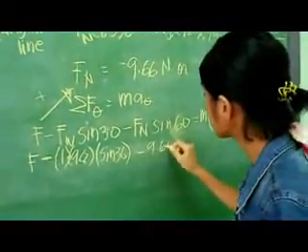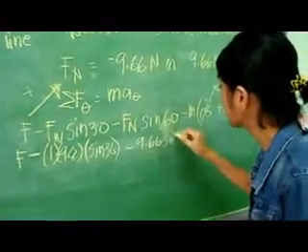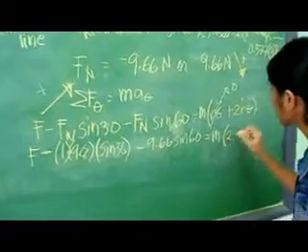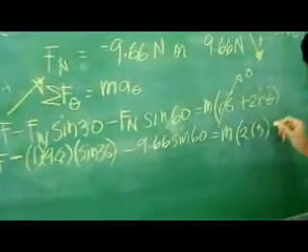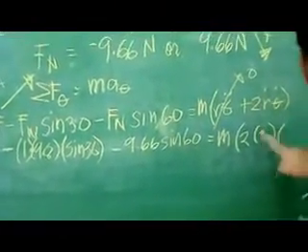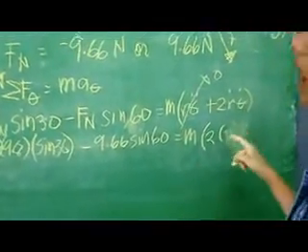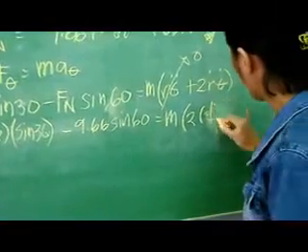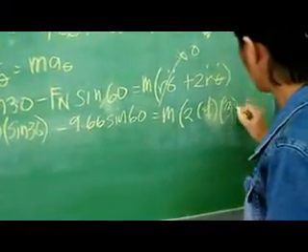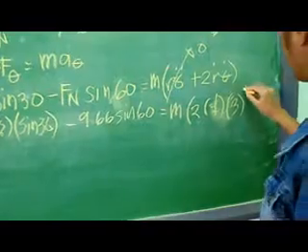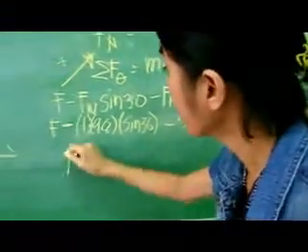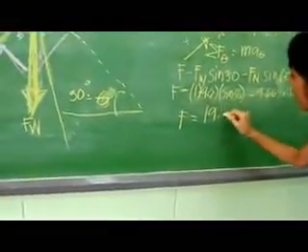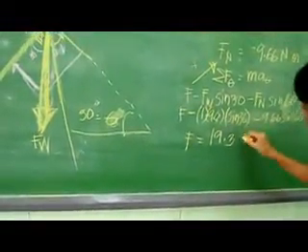So 9.66 sine 60 is equal to m times 2 times our r dot, which is 1 meter per second, times our theta dot, which is 3 rad per second. So now we have our F with a value of 19.3 Newton.